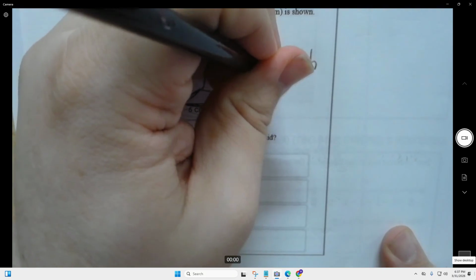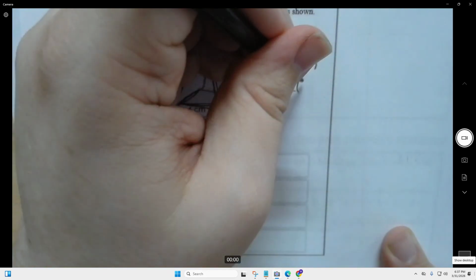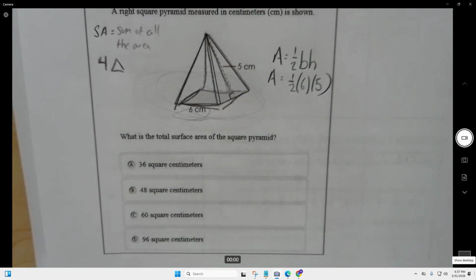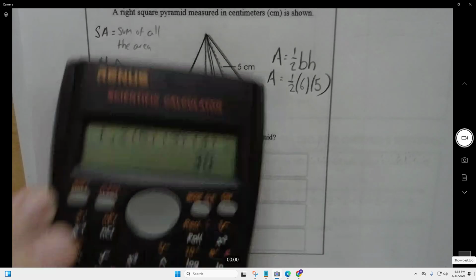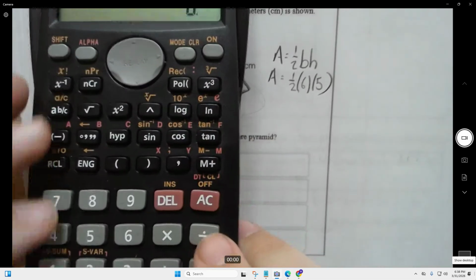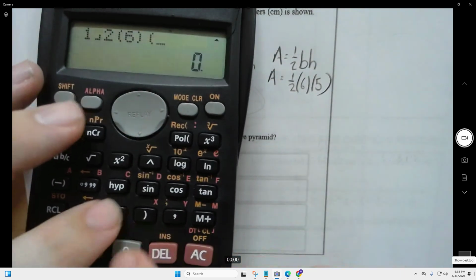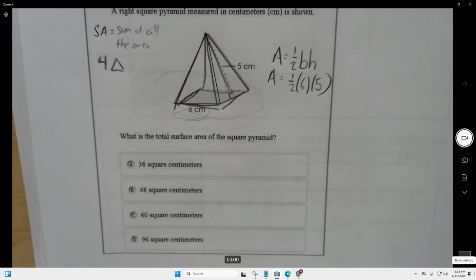So if you have 1/2 of 6 times 5, and yes, you're allowed a calculator, you get 15.